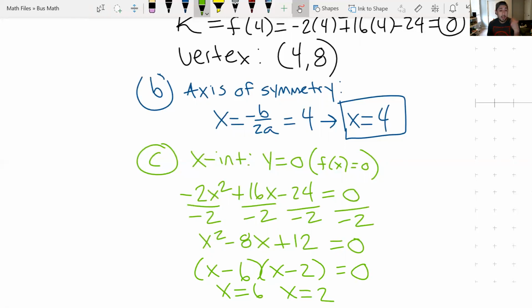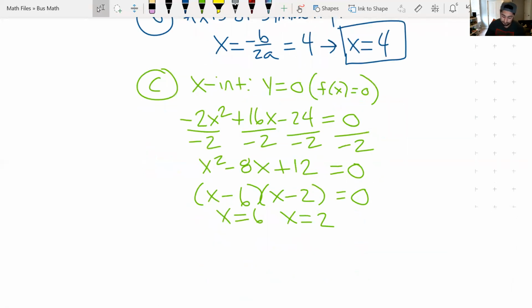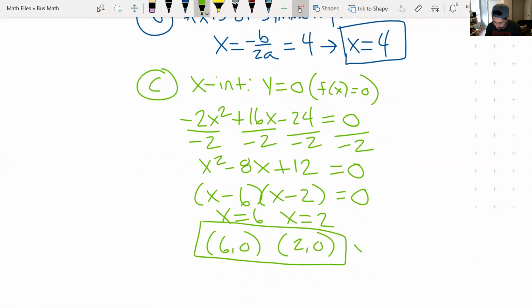Okay, but now remember we're finding x-intercepts, so these we have to convert into actual points. This becomes 6, 0, 2, 0. And here are your x-intercepts. Okay.